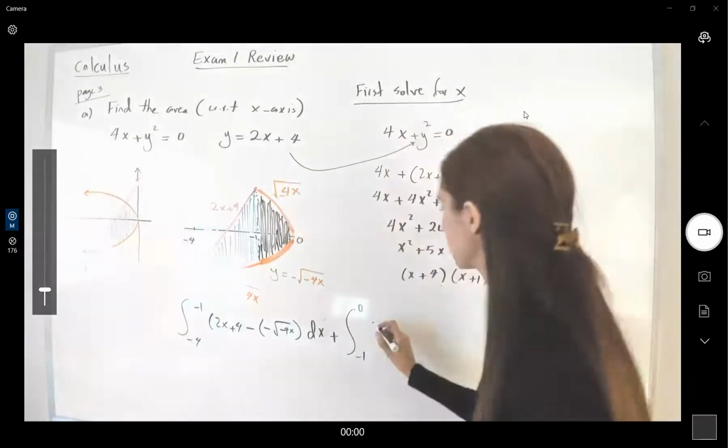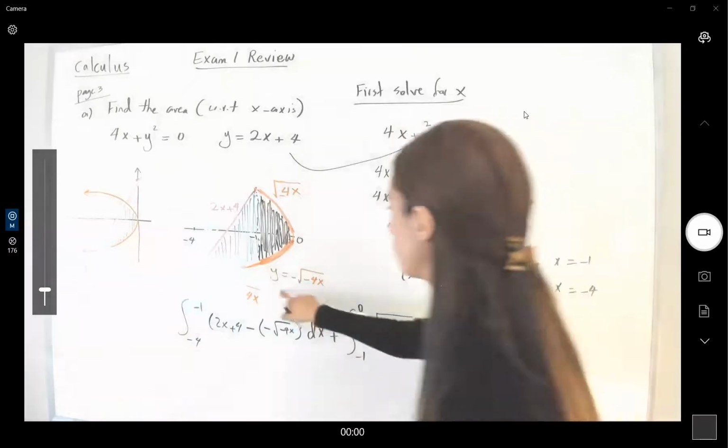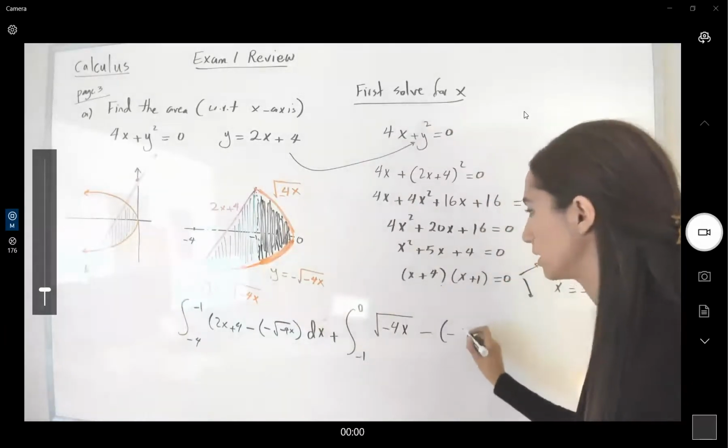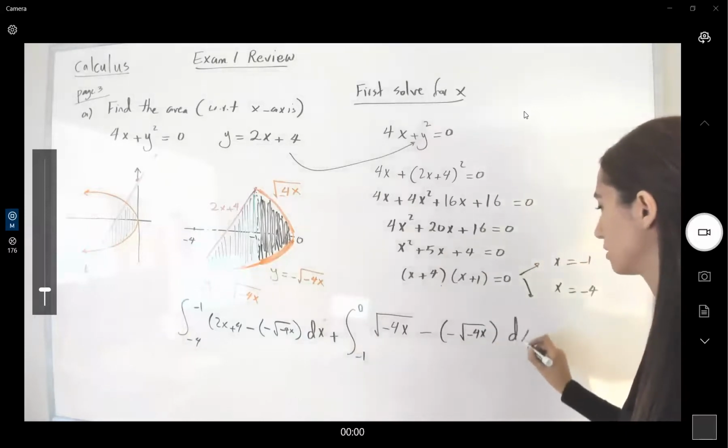On top, it's bounded by square root of negative 4x, and down here, it's bounded by minus square root of negative 4x dx.